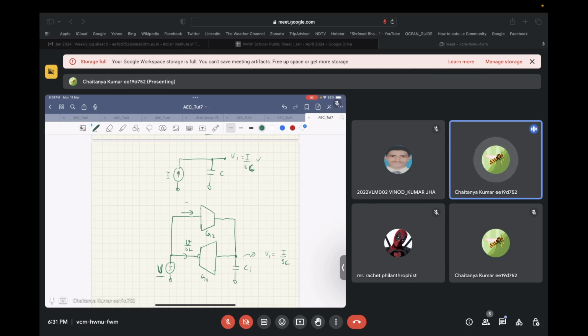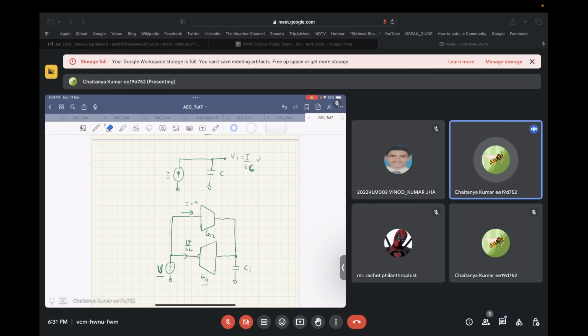So the current flowing in this case will be zero. The only current that will be taken by this complete block will be the current that is synced by this G1.